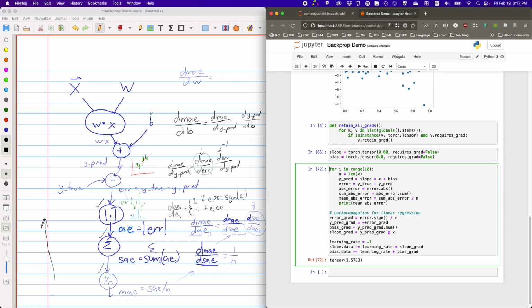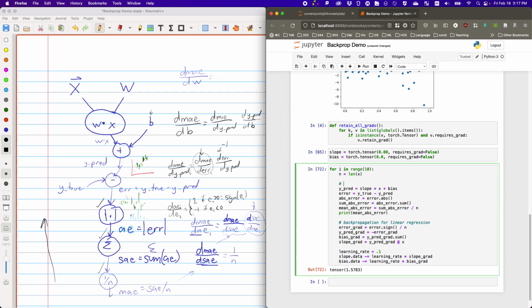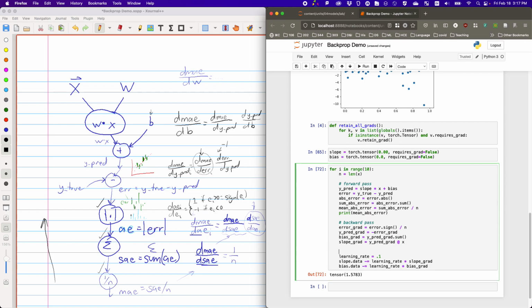So we can call this the forward pass, and then this is the backward pass. And here's our update. So this is our take step.